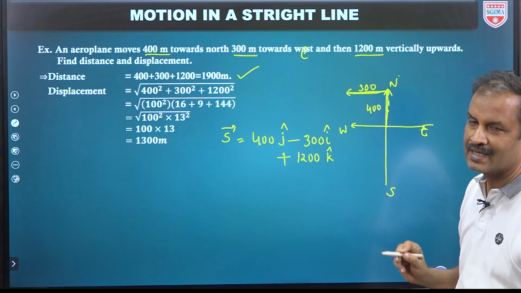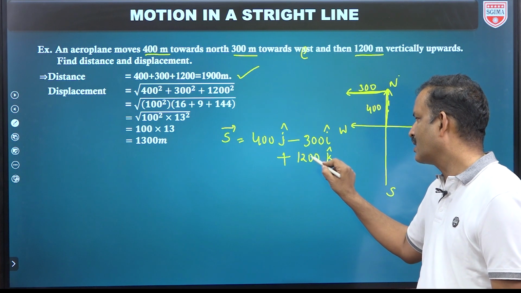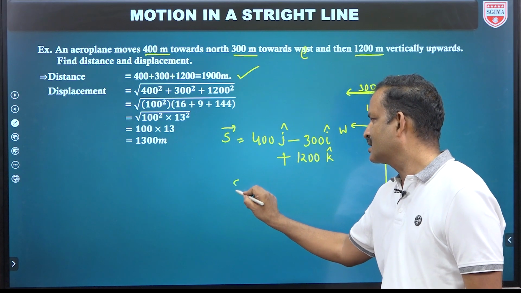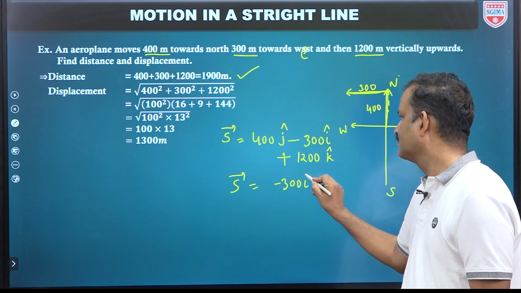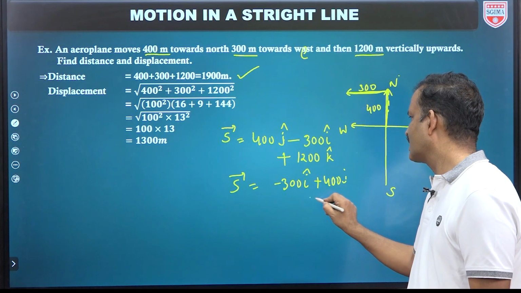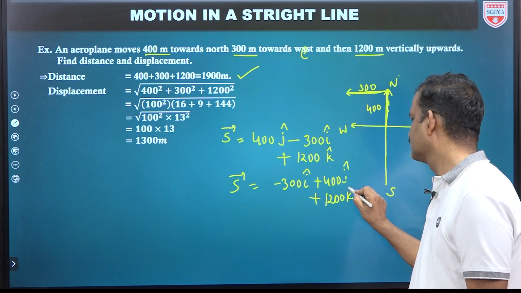This is the z-axis, plus z-axis. So this is 1200 k cap. So I got that displacement is minus 300 i cap plus 400 j cap plus 1200 k cap.